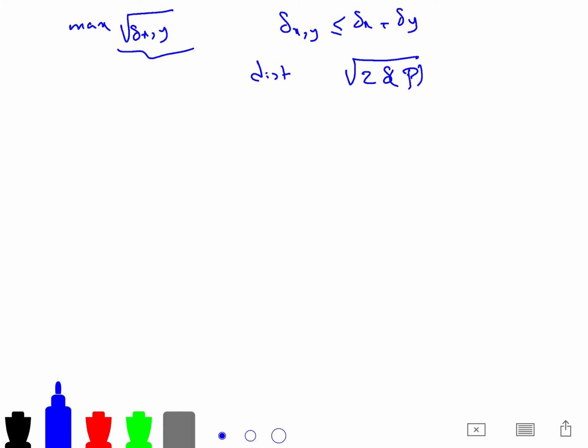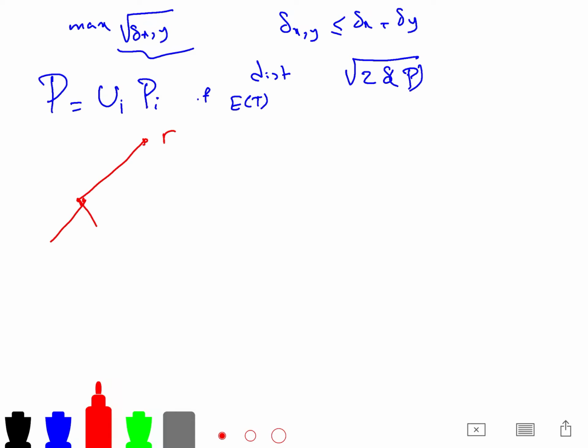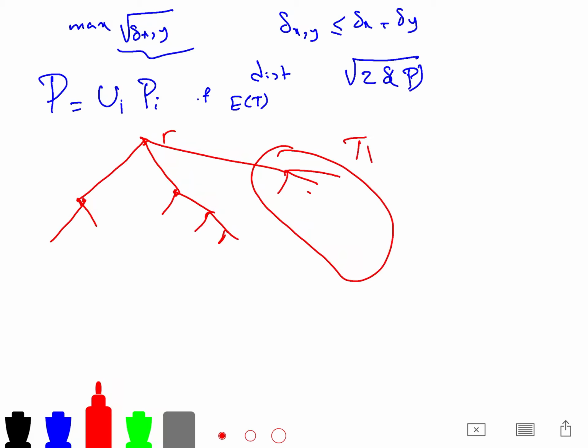So we just need to minimize the distortion, and we seek a partition P in which delta of P is small. Your partition could be a sum of some partitions of edges of your tree. For example, if you have a root R here, you can do such a thing. The first tree, T1, is here.